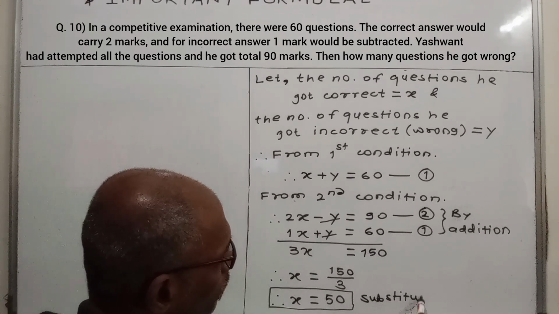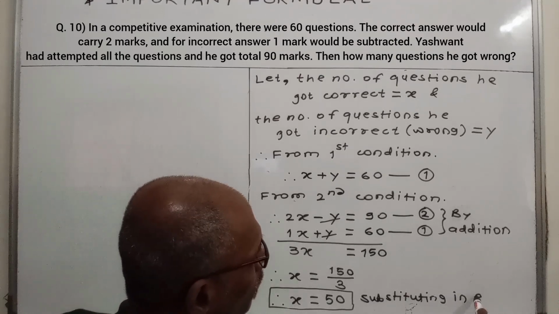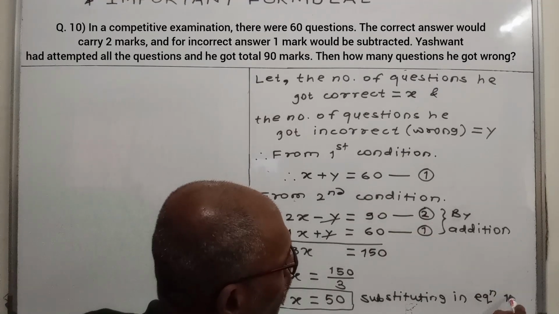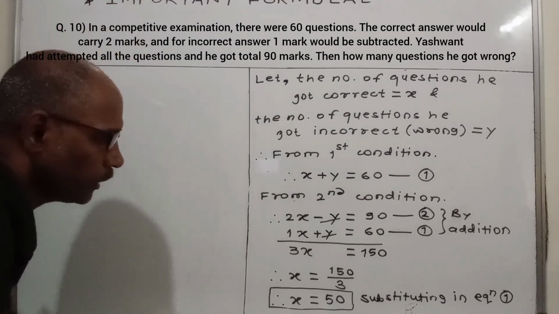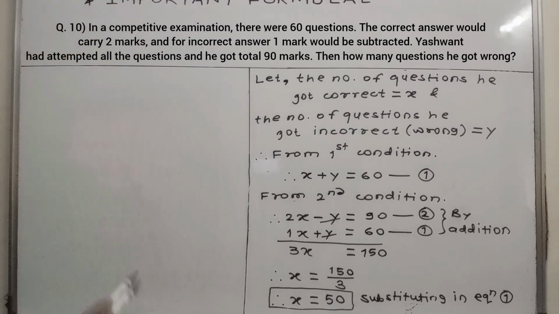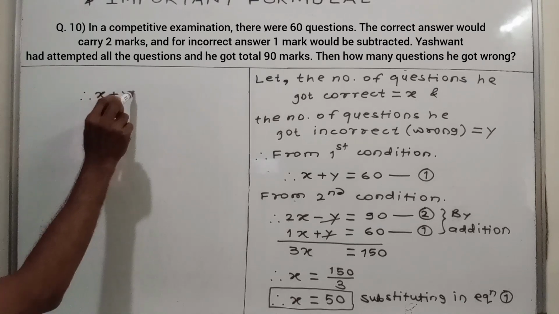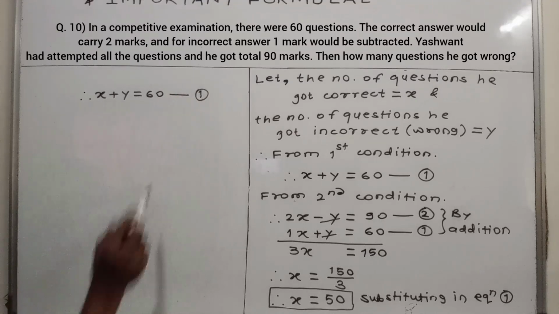Substituting in the simple equation. We substitute this value of x in equation number 1. Therefore, x plus y is equal to 60. This is our equation number 1.